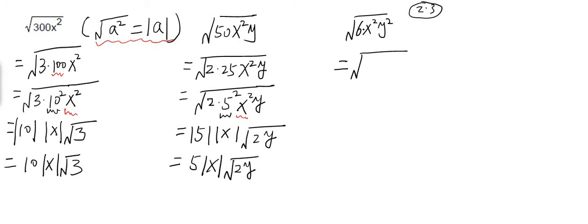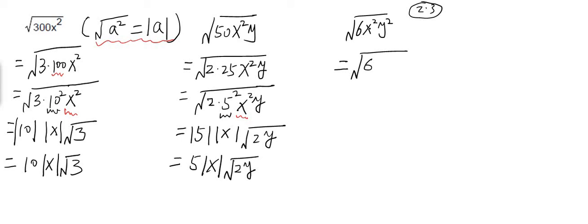But we can't write it in a square form like we mentioned before, a squared. So it's not necessary to factor 6, right? If we factor 6 as 2 times 3, we can't write it as 2 squared or 3 squared.